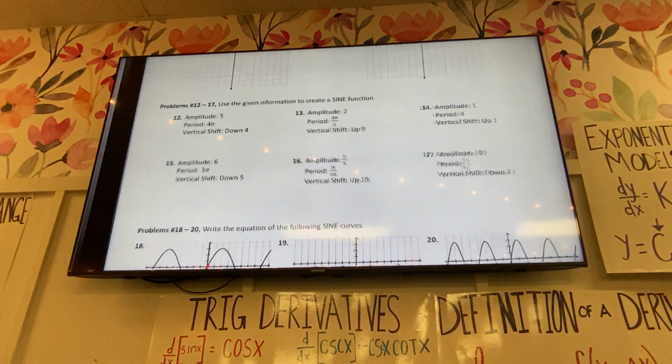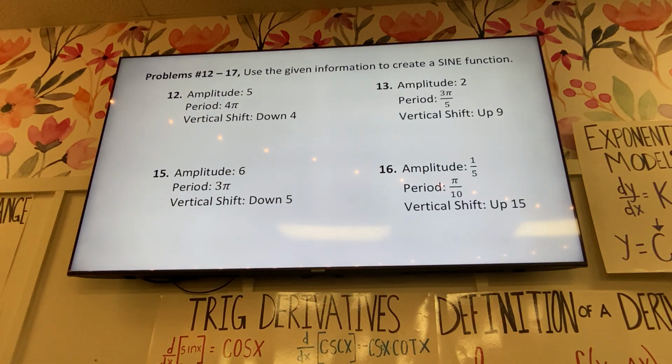And then let's look at 12 through 17. You are doing a sine function on 12 through 17. It's going to give you the amplitude, the period, and the vertical shift. So the thing you need to figure out is the frequency, or the B value, because that is the number that actually goes in the equation.